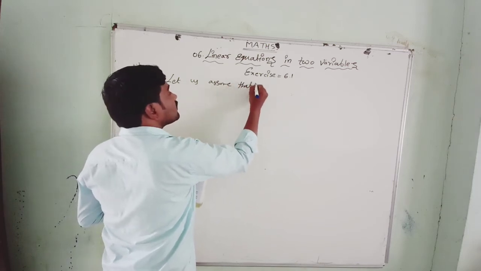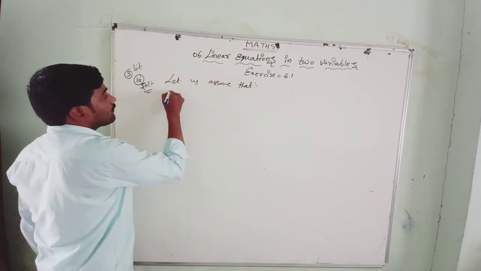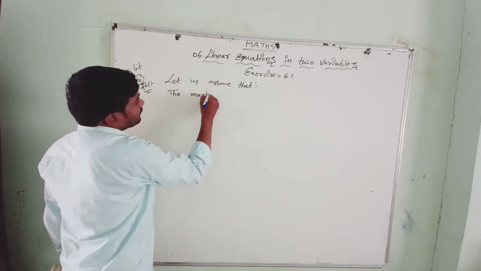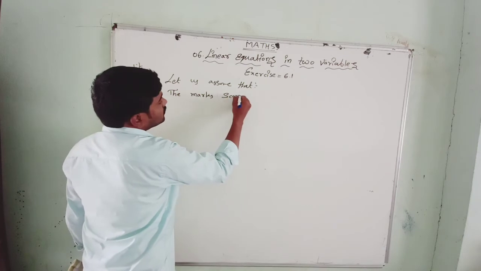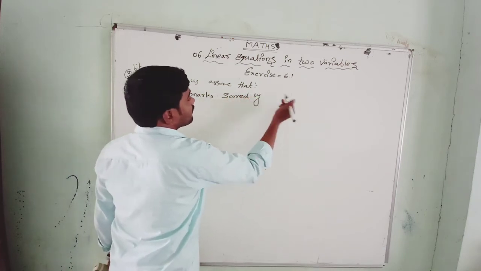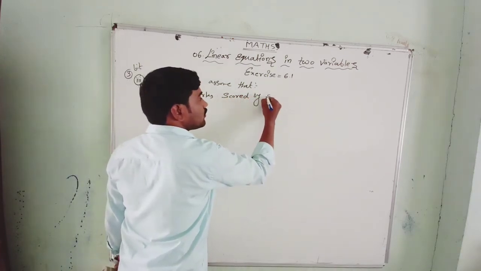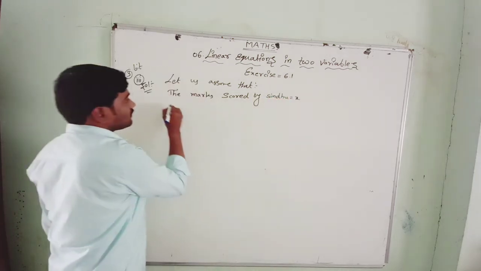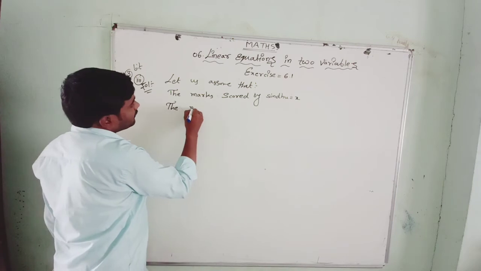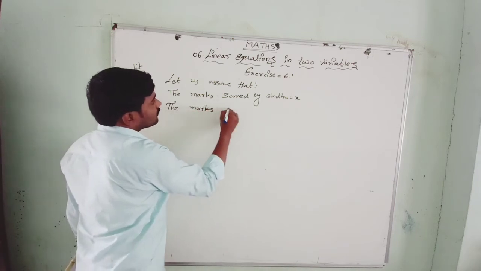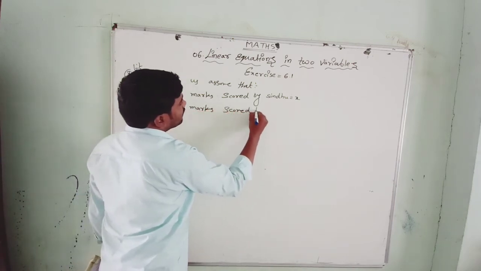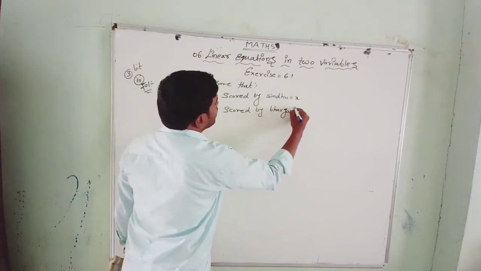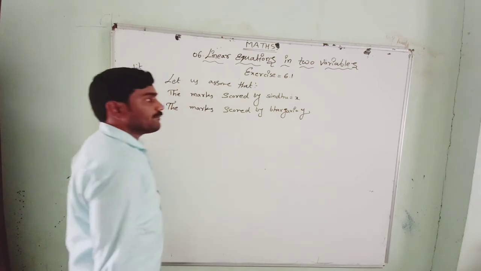So let us assume the marks scored by Sindhu equal to x, the marks scored by Bhargavi equal to y.